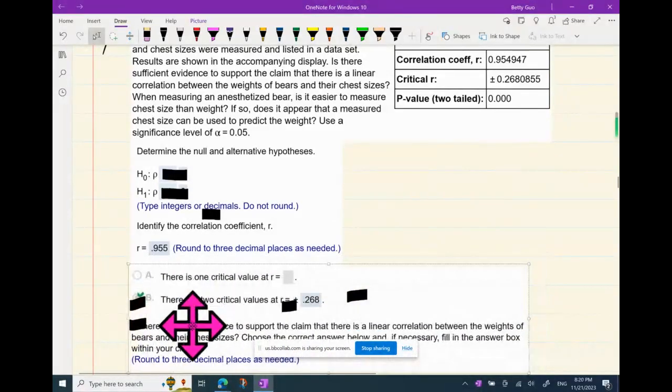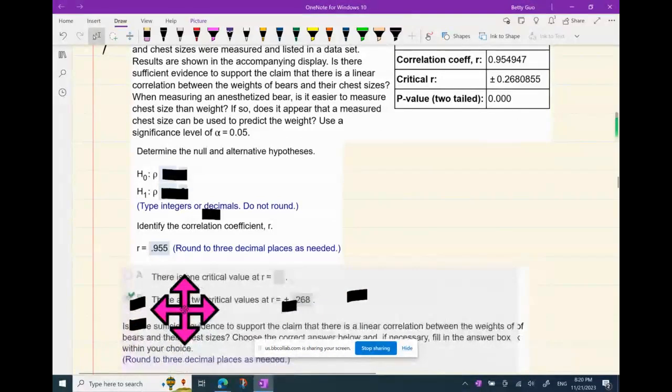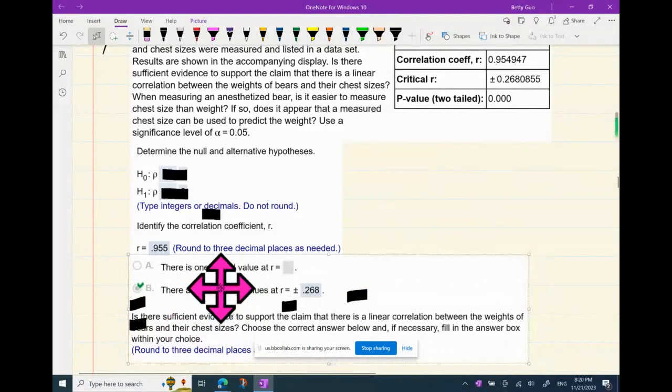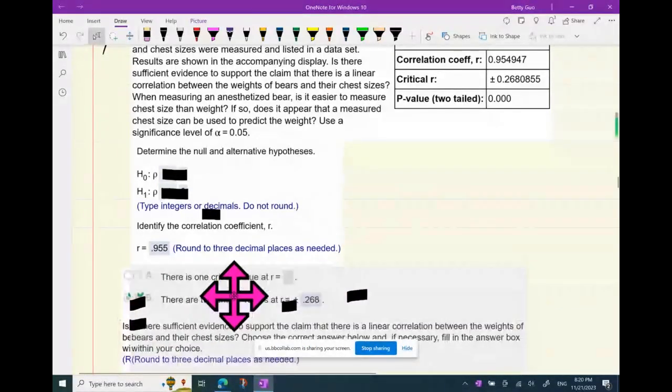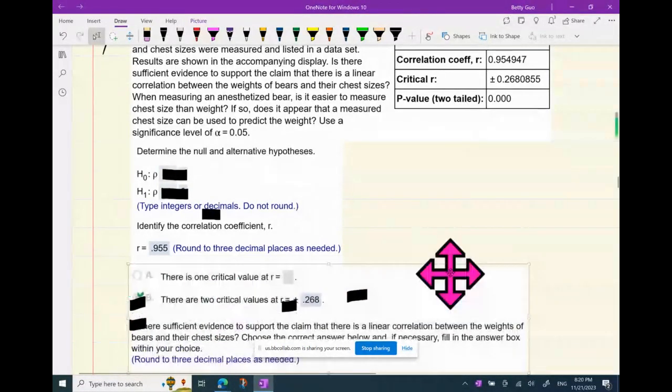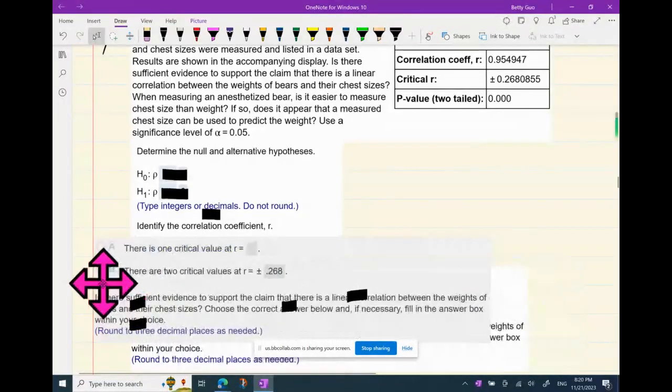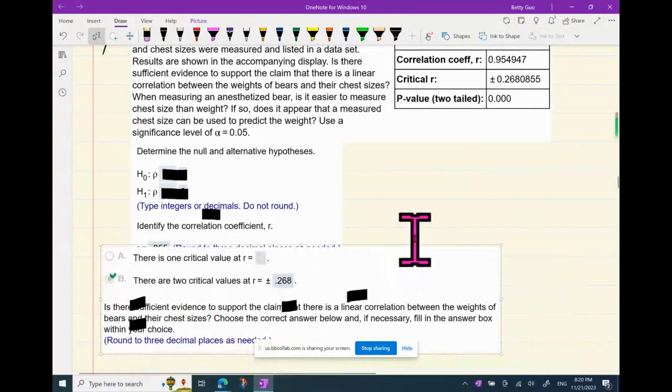We should choose B here. We always have two critical values when it comes to correlation because of the symmetry.